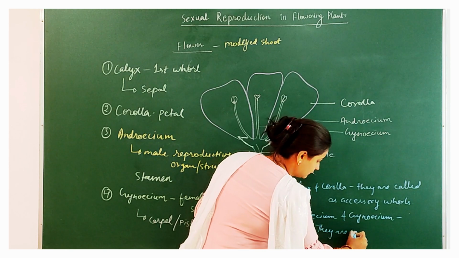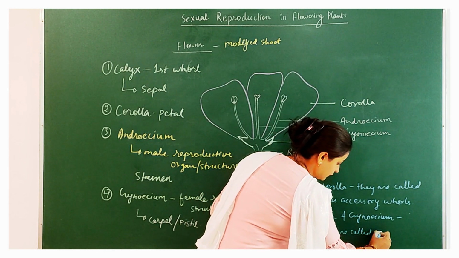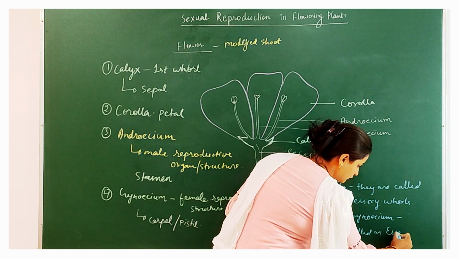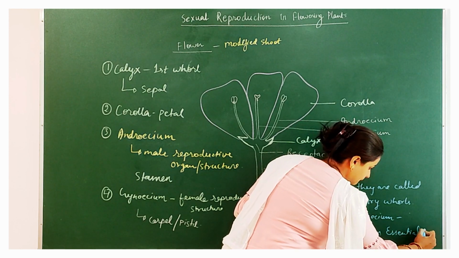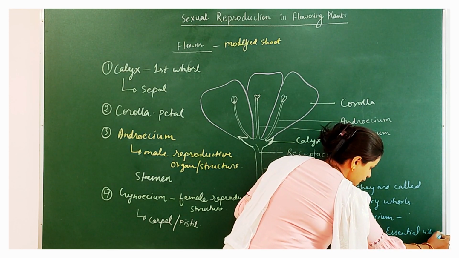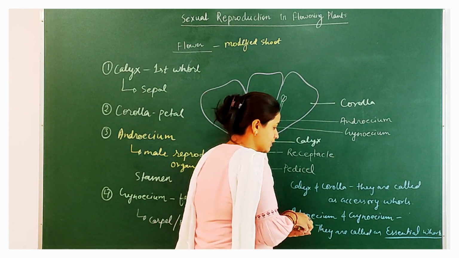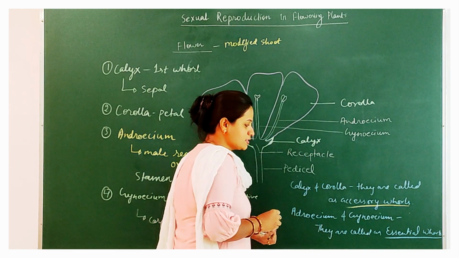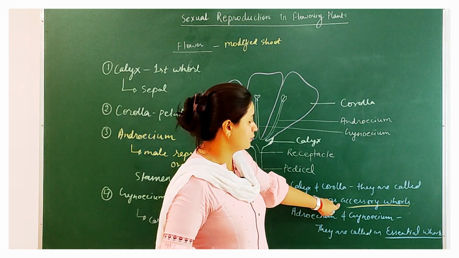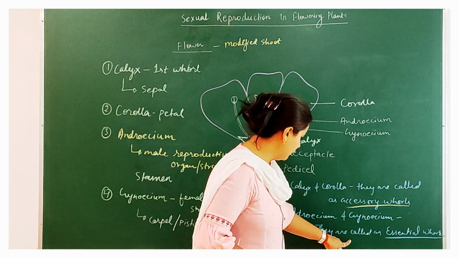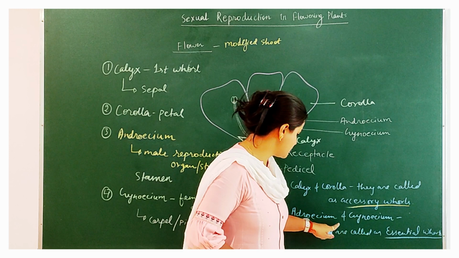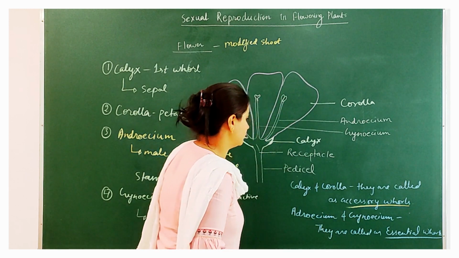From the name itself you can understand why they are called essential whorls and why the others are called accessory whorls. Accessory whorls do not play any role in the process of reproduction, and in case of plant reproduction, these 2 parts play an important role.